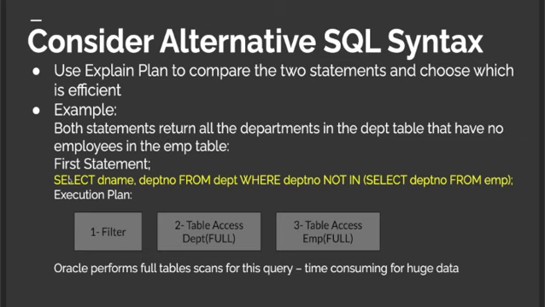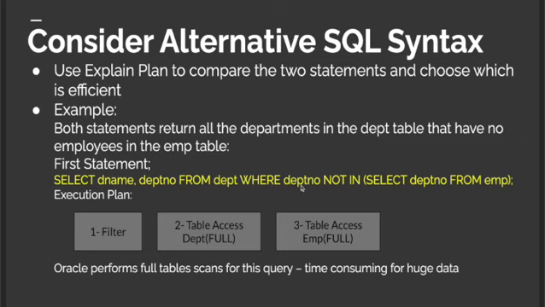You can see the first statement and its explain plan. The explain plan shows that it is filtering, with full table access of department and full table access of employee.